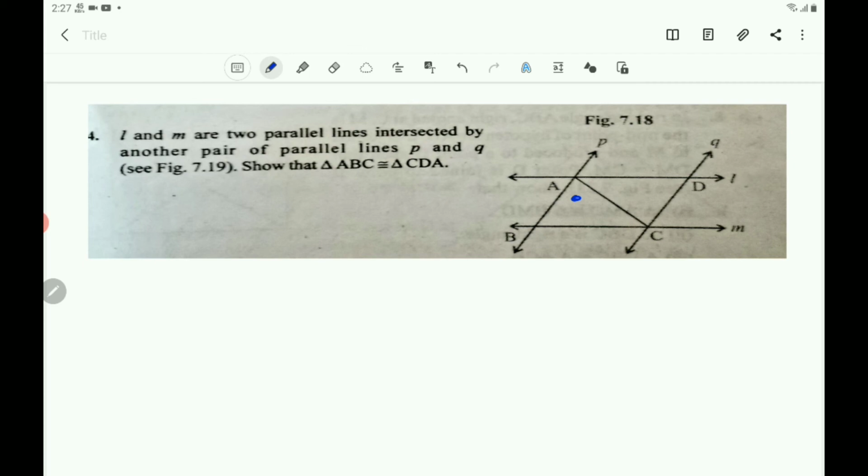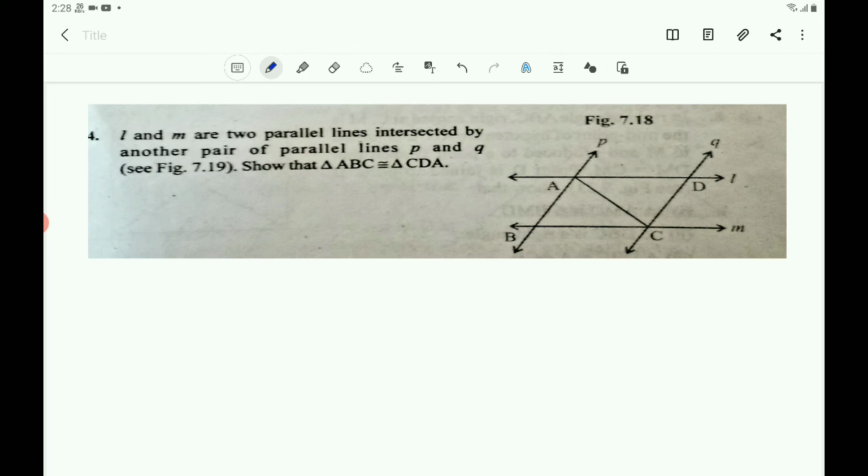The two pairs of parallel lines intersect at the points A, B, C, D. They are the intersecting points, and here the line AC is joined. AC becomes the transversal of both sets of parallel lines.